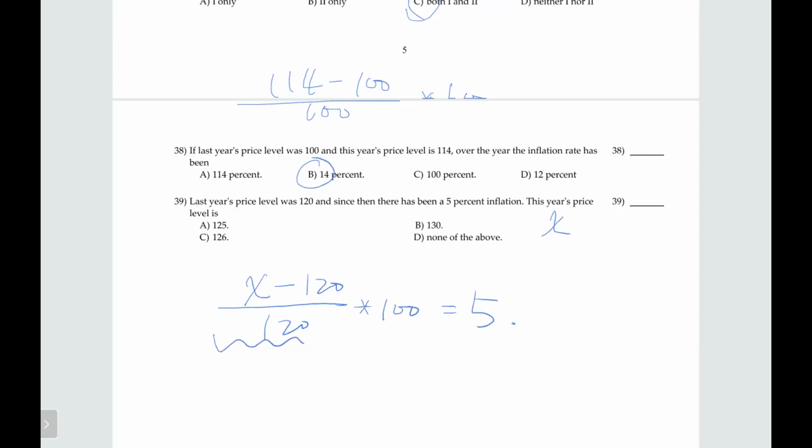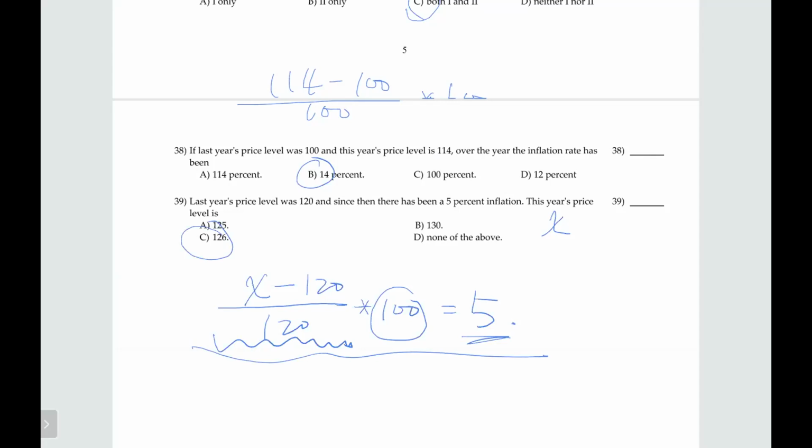This is the change in price level, normalized. So we know this is going to be 5%. Based on this equation, the price level is 126.